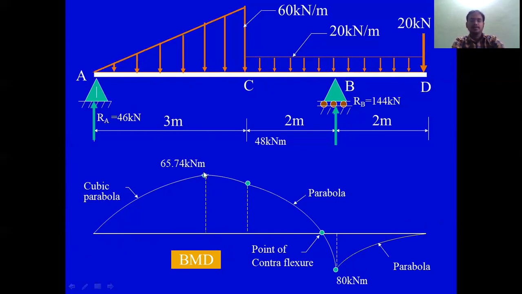It is 65 here, and some more points here, and we found this is the point of contraflexure, and we got 80 kilonewton meter here.